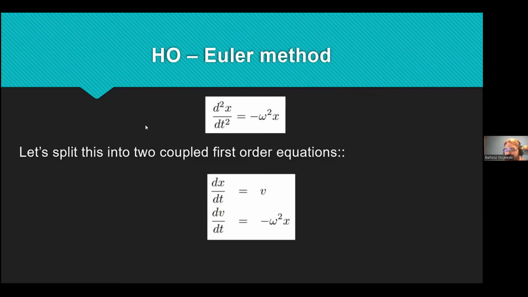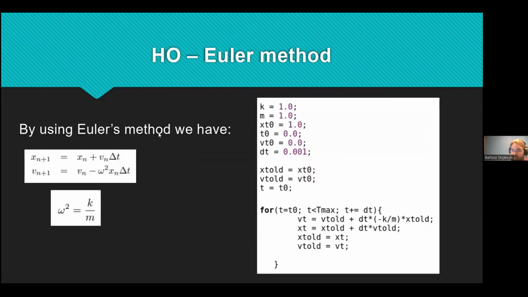We must split this into two coupled first-order equations as shown below. By using Euler's method, we can prepare a computer program that will help us calculate numerical solutions for the simple harmonic oscillator.